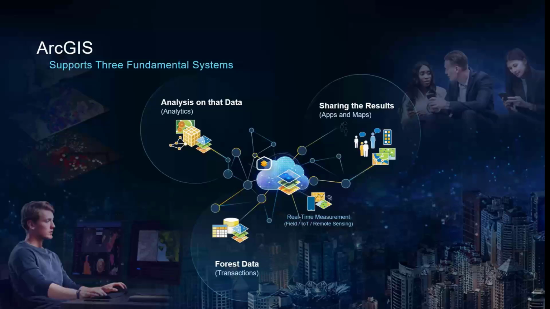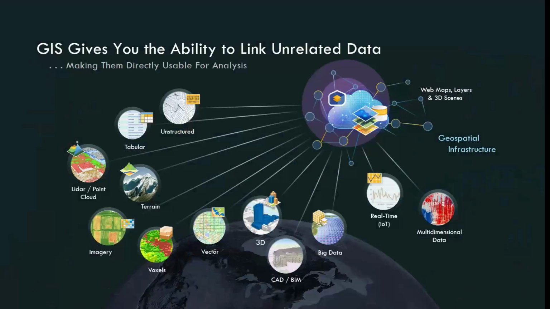Third, sharing the results of your analysis across your organization and externally to make better business decisions. This used to mean printing out a map, walking down the hallway, and giving that to one of your colleagues. Now we're seeing many of you share interactive maps online with your key stakeholders to put that information into their hands no matter where they are.